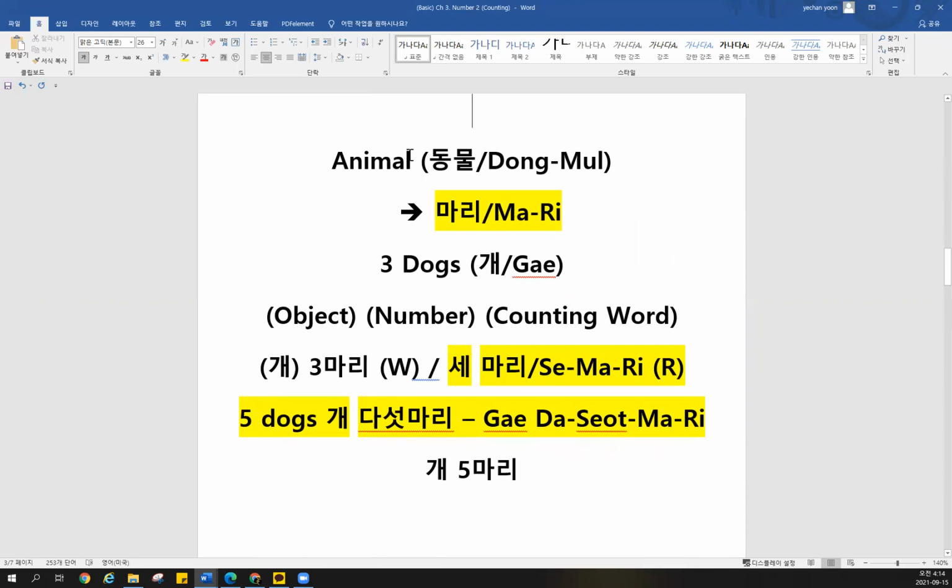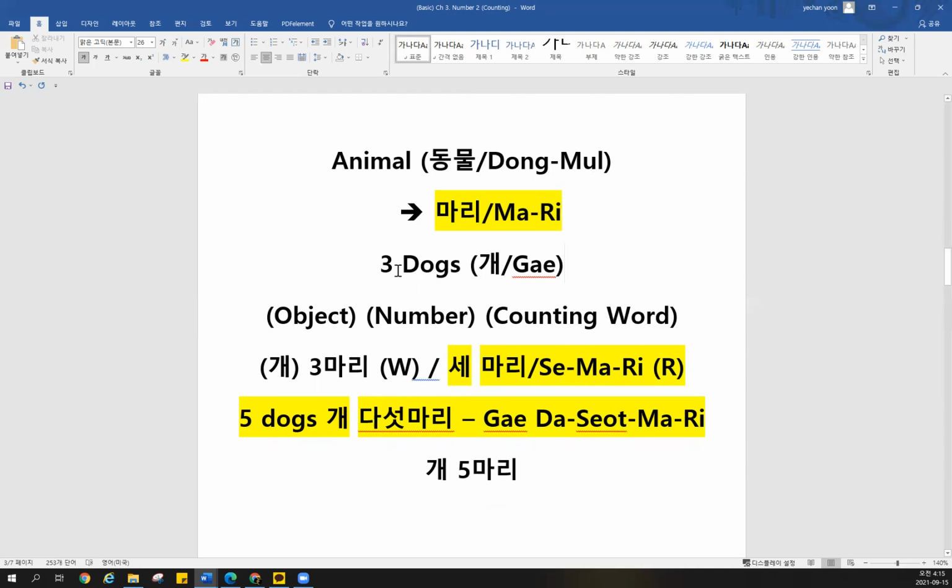Animal. For animal, you can say 동물. It means animal. And animals are counted with 마리. 마리, not Marie, okay? We don't have an R sound, so 마리. 마리 is the counting word for animals.